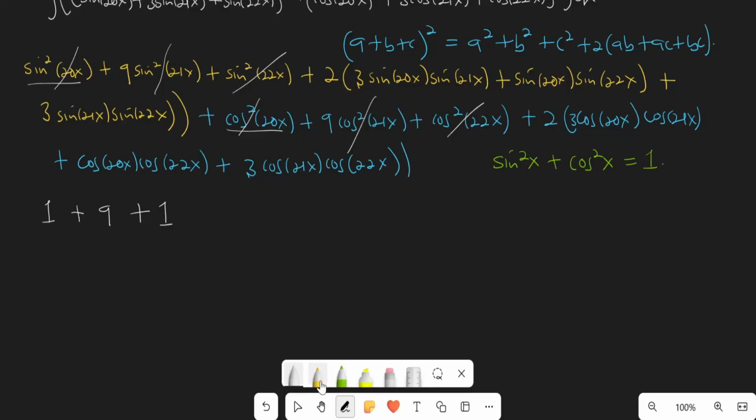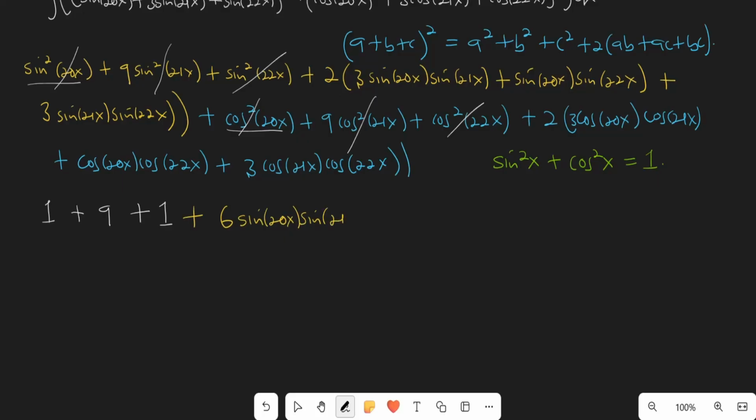And now we have the cross terms, right? So we have to multiply the cross terms out. Plus 2 times this, that's going to be 6 sine of 20x, sine of 21x, plus 2 sine of 20x, sine of 22x, plus 2 times 3 here, that is going to be plus 6 sine of 21x, sine of 22x. And then we have the cosine terms as well.